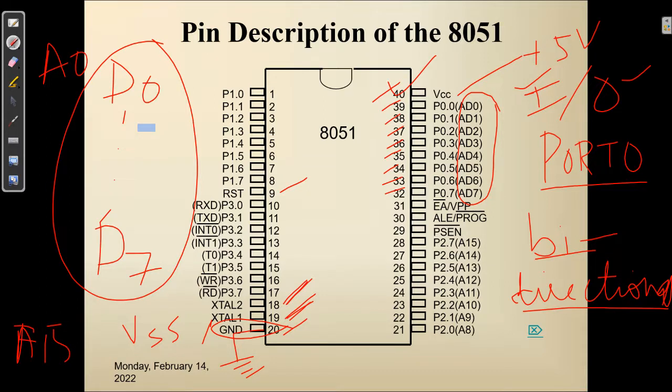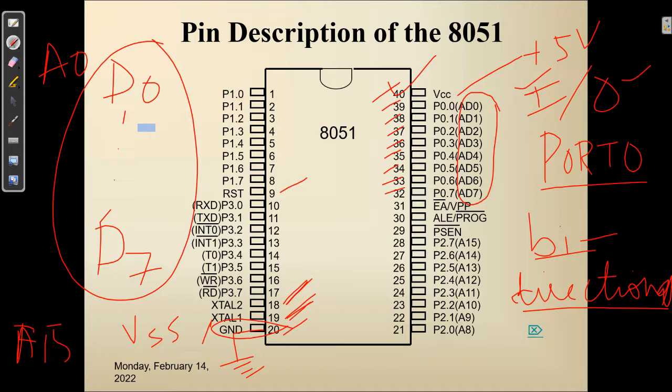My next question, what is the size of data bus for 8051? डेटा कितना कैरी कर सकता है? डेटा बस की साइज कितनी है 8051 की?